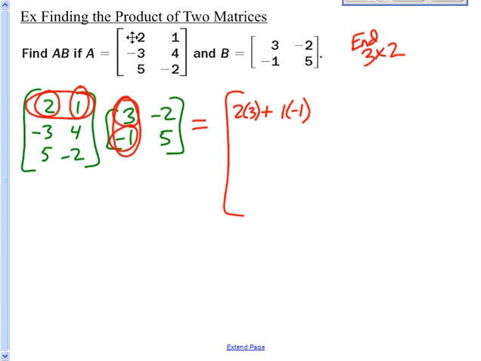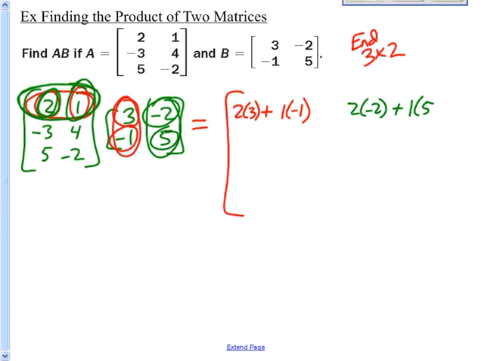Now we go first row, second column. So now I go 2 times negative 2 plus 1 times 5. So that was the first row times the second column, and it ends up on the first row and the second column.